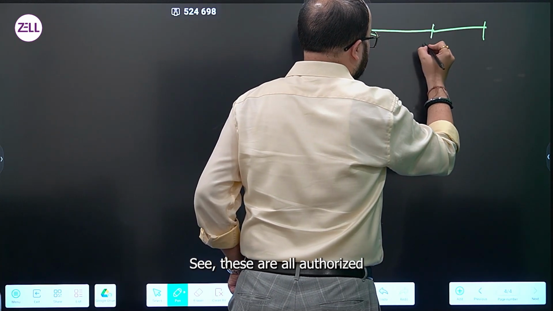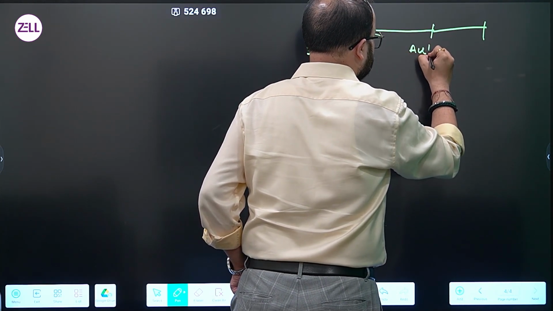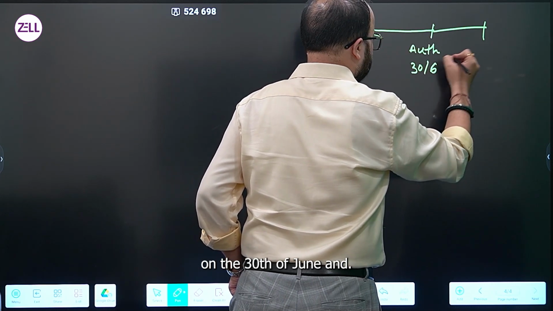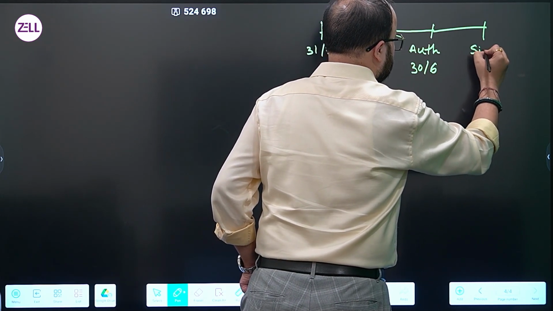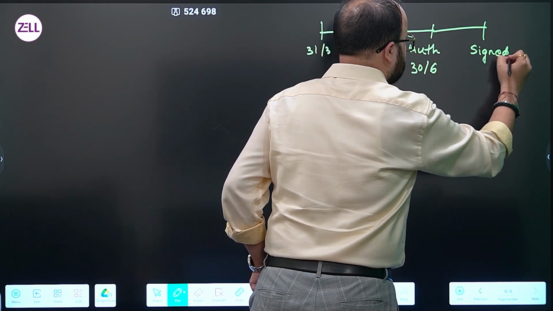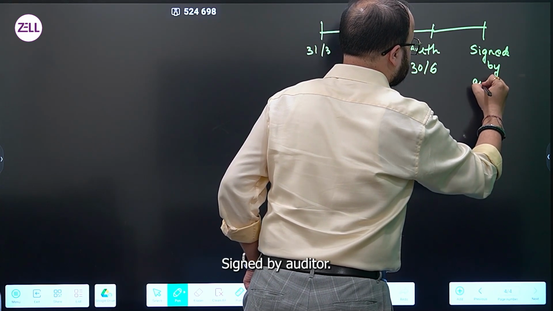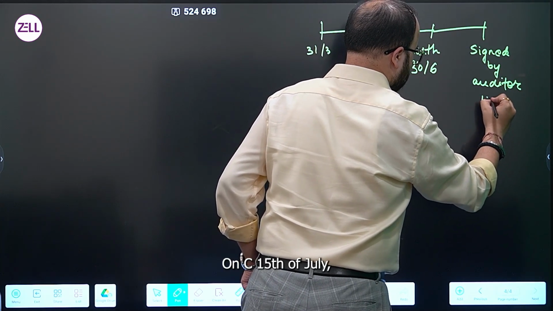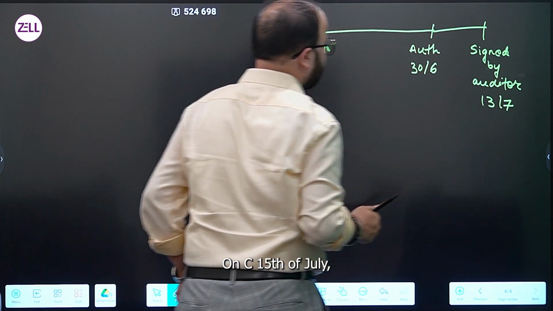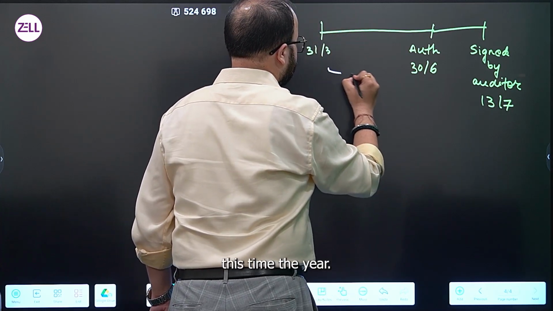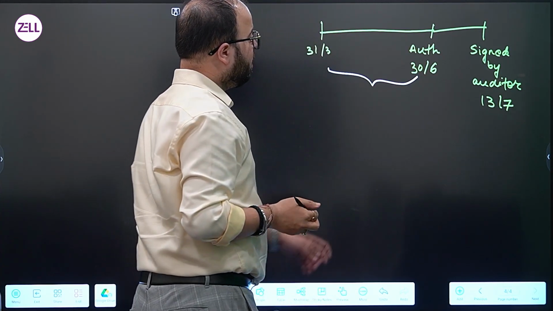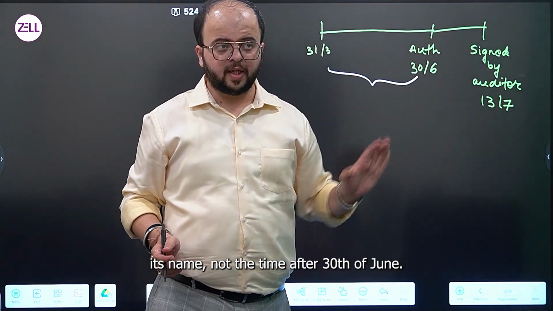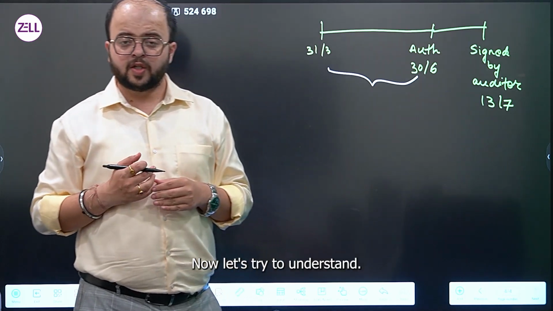Say these are authorized on 30th of June and signed by the auditor on, say, 13th of July. This time period is the one that is covered by IAS 10, not the time after 30th of June. Now, let's try to understand.